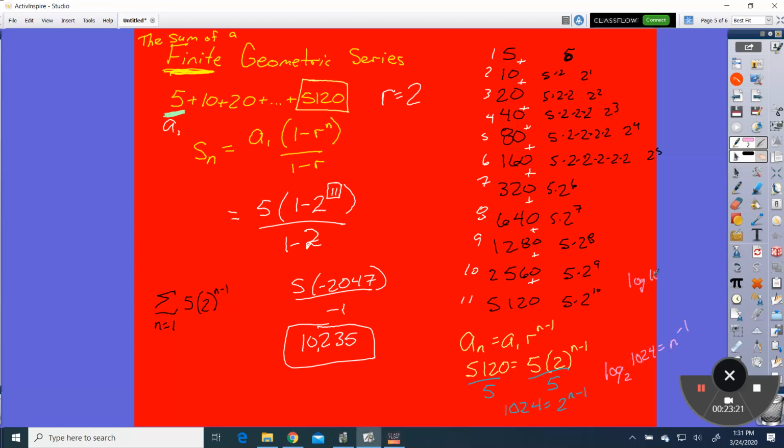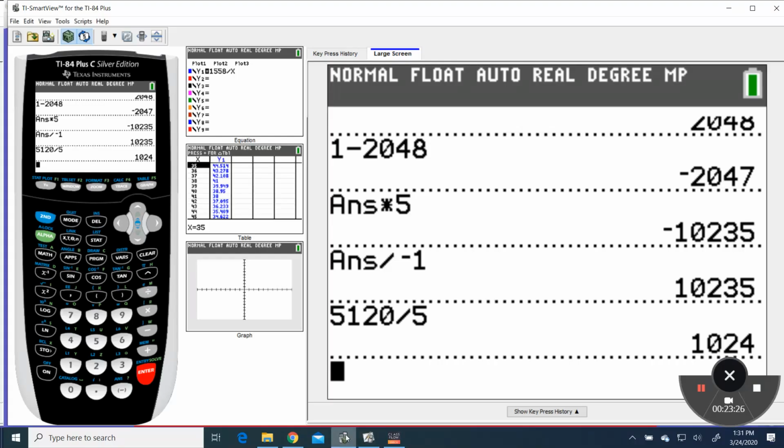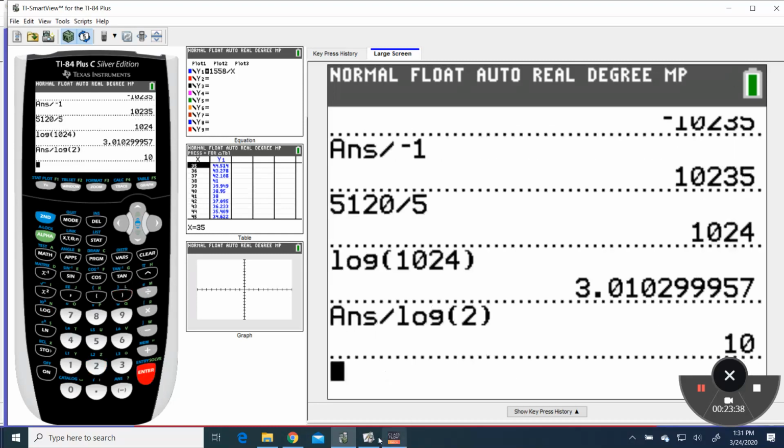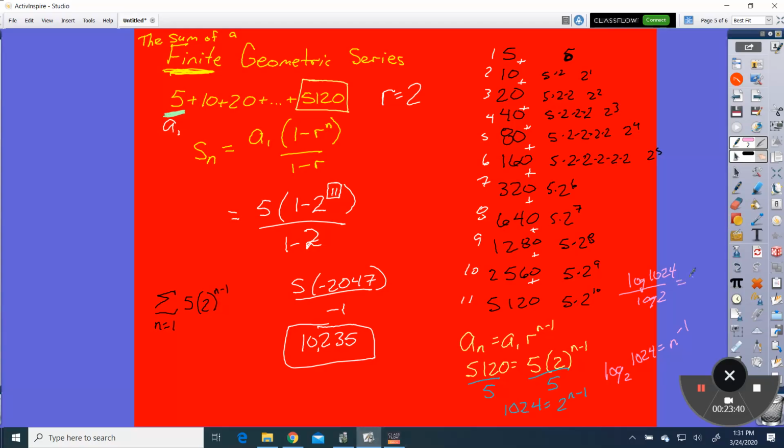So I go log 1,024, enter, divided by log 2. And it tells me it's 10. So I have 10 equals n minus 1. I add the 1. I get n equals 11.